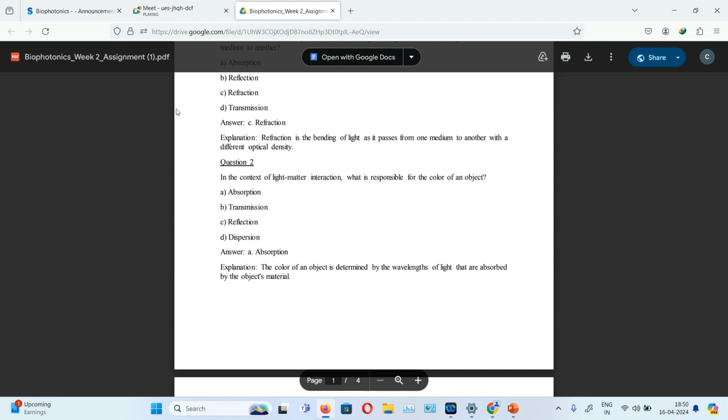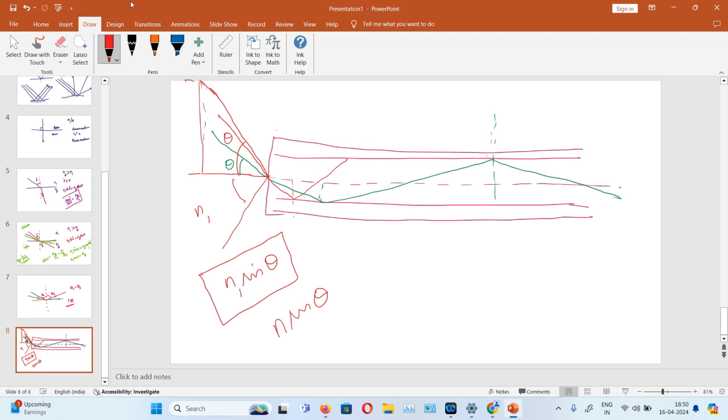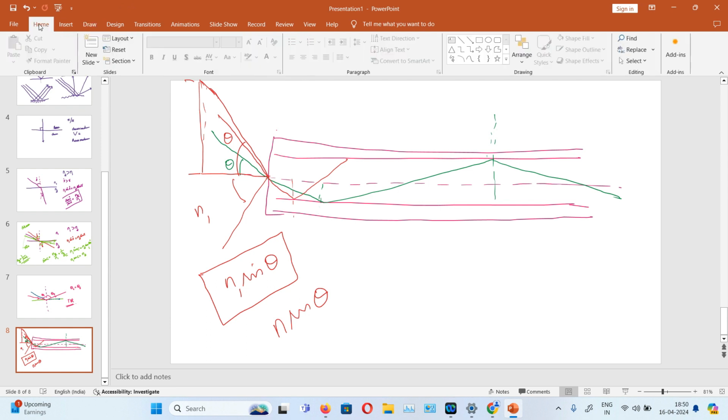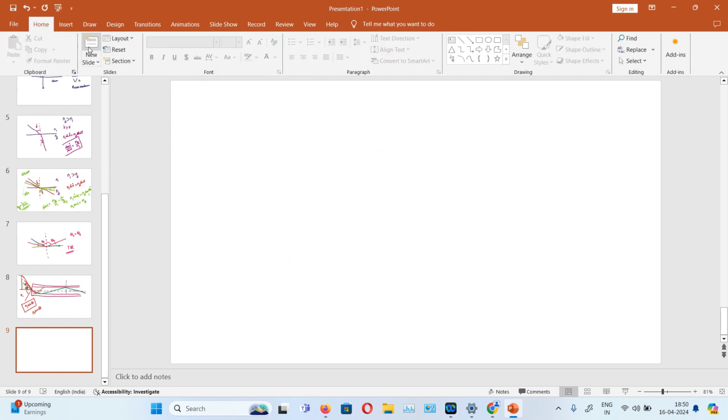Now see what happens in the case of absorption. We already discussed absorption, but what's happening in absorption? Some of the light is actually getting absorbed. Now think that a selective absorption is happening. If there is some medium, a polychromatic light is coming.